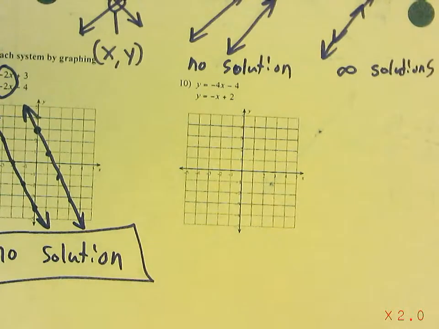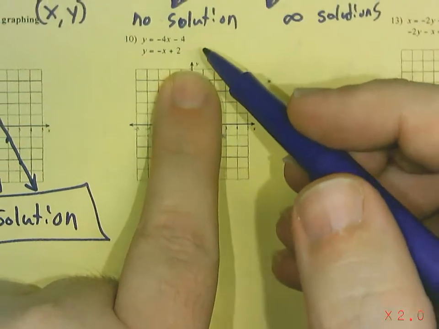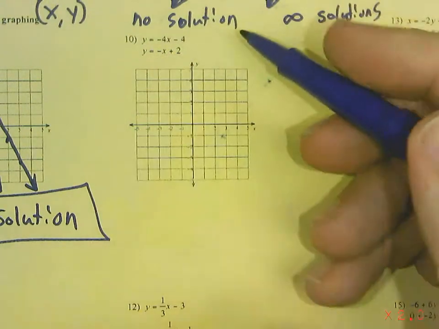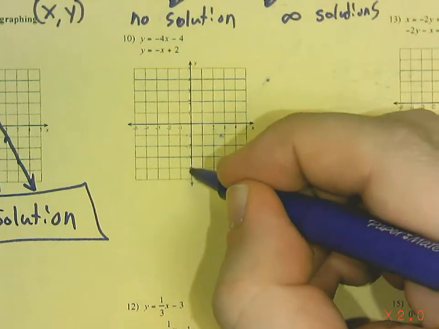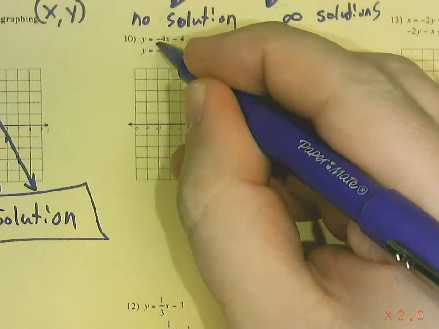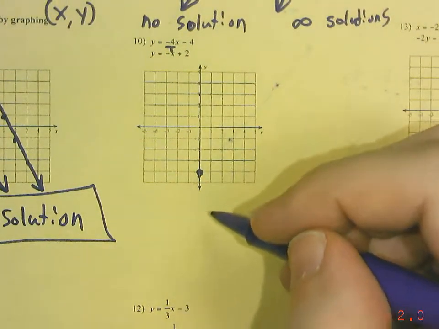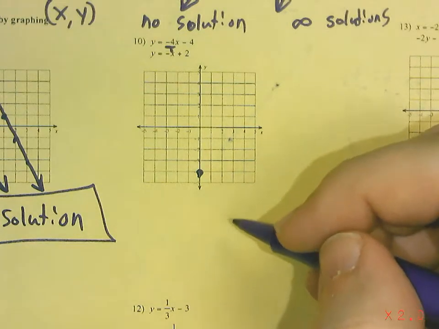Let's look at our next example here. So looking at this top example, the y-intercept is -4 right here. And my slope is going to be -4 over 1. So -4 over 1, I could go down 4, right 1, but that's off the graph.